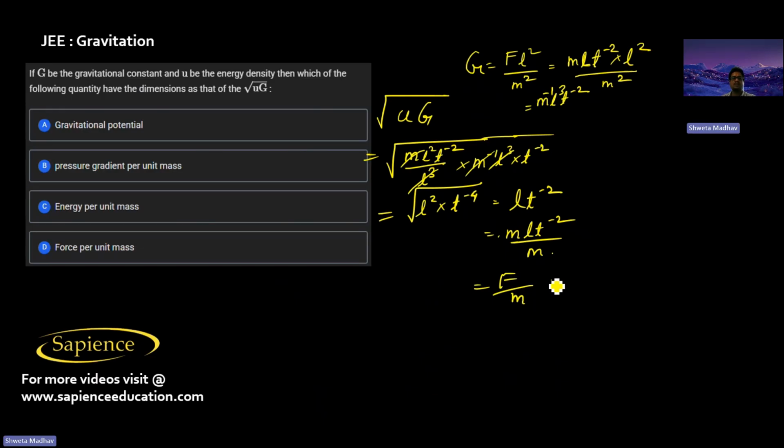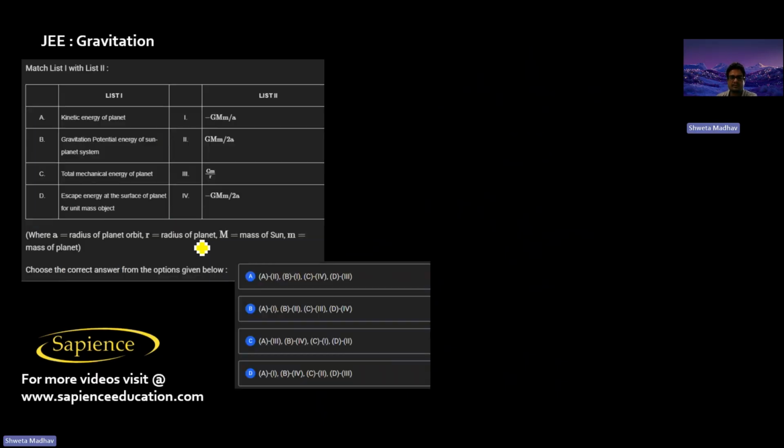Force per unit mass. Option D is the correct answer. So it means that the dimension of square root of U into G is same as force per unit mass.